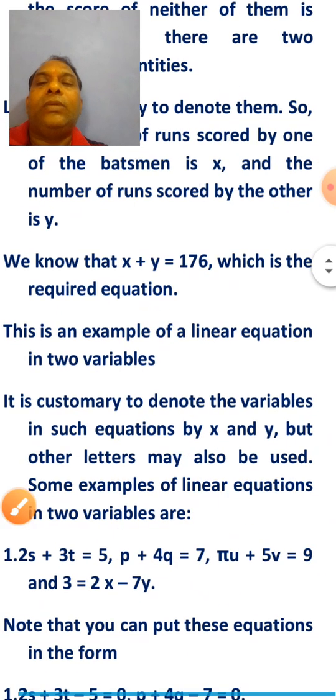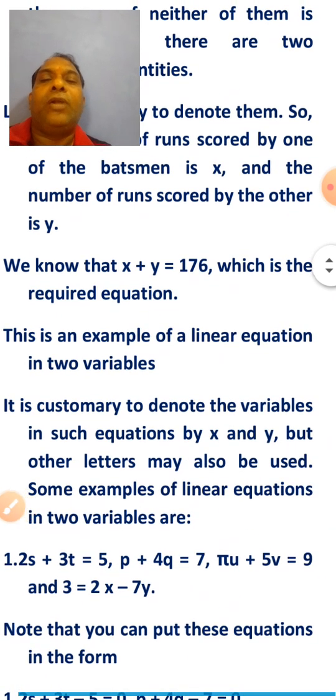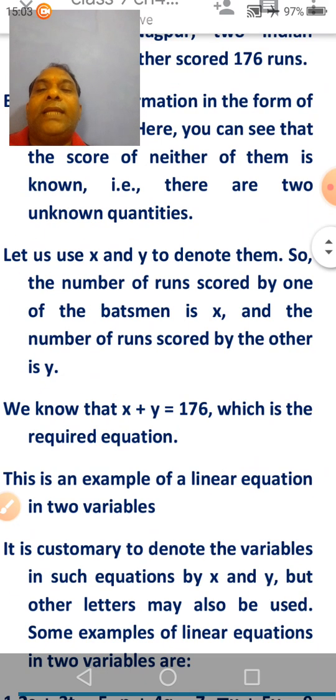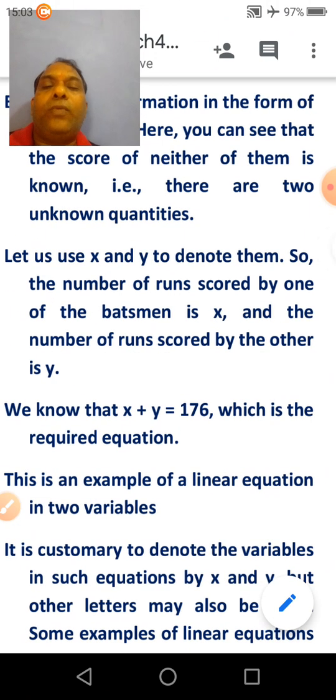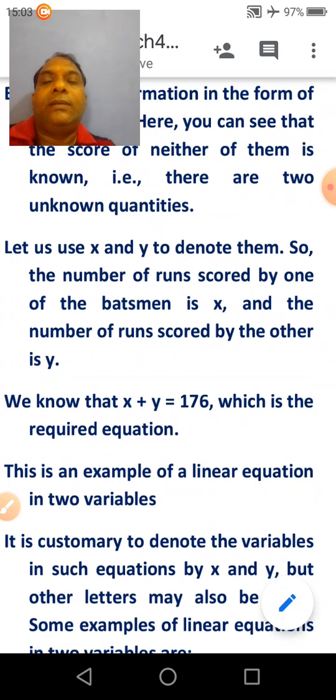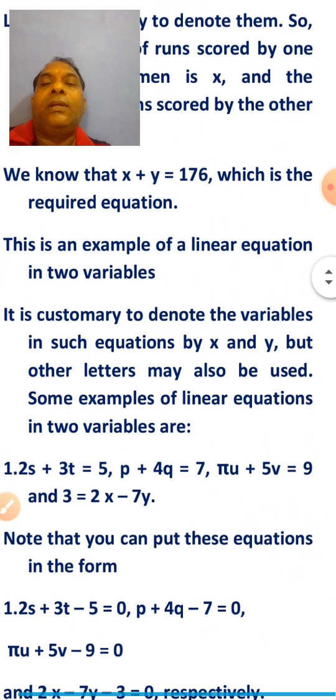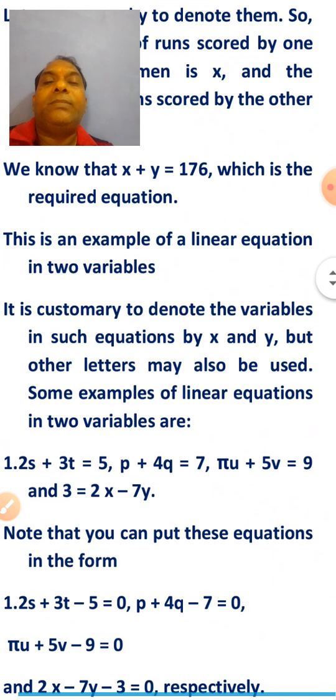Clear? So this equation is an example of a linear equation in two variables. In a linear equation in two variables, there will be two variables, x and y, but other letters may also be used.